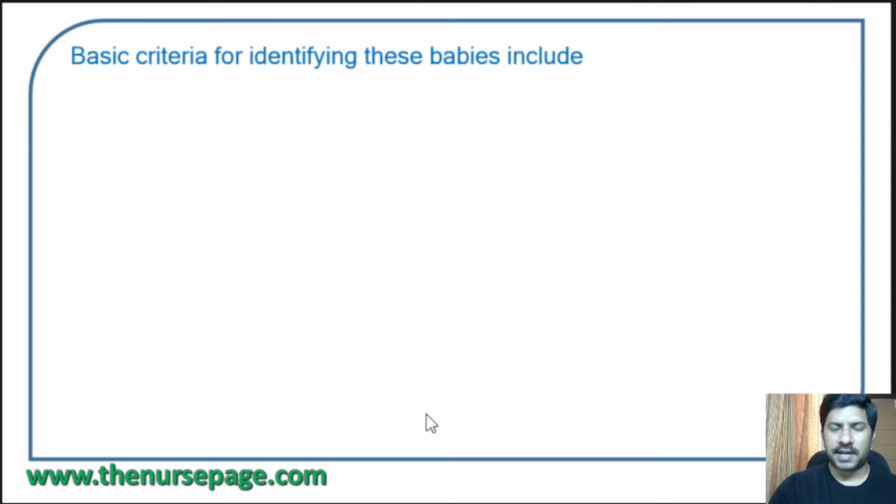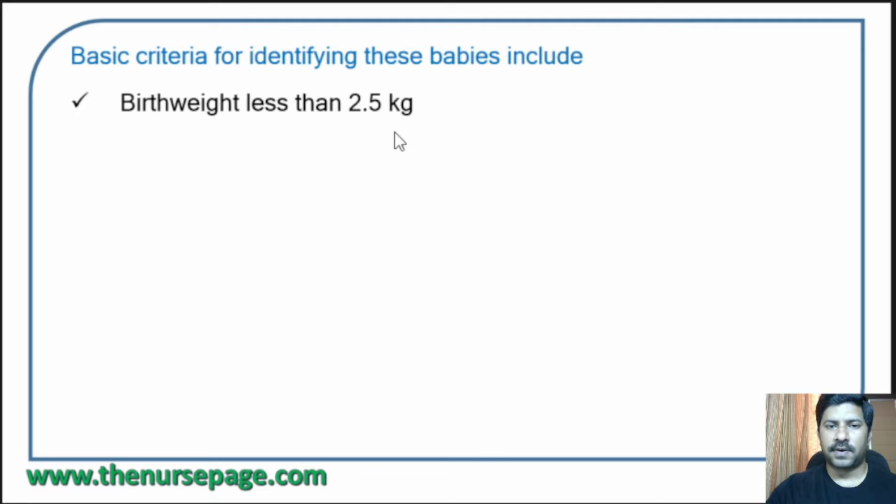The basic criteria for identifying these at-risk infants include: first, birth weight less than 2.5 kg. In the question, it is mentioned 2.8 kg. That is why it is an exceptional case. Next is birth order. If the baby is the fifth child or more, then it is a high risk infant.